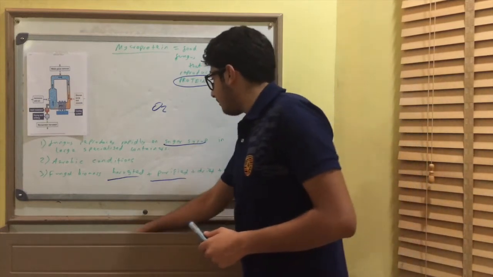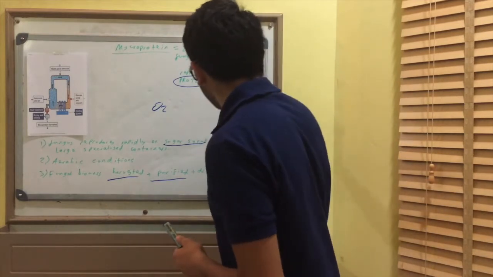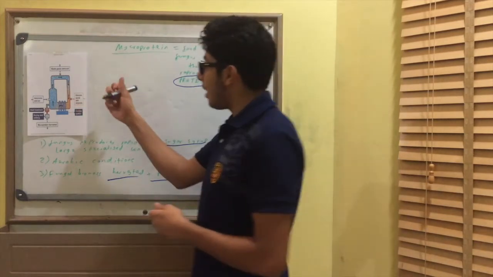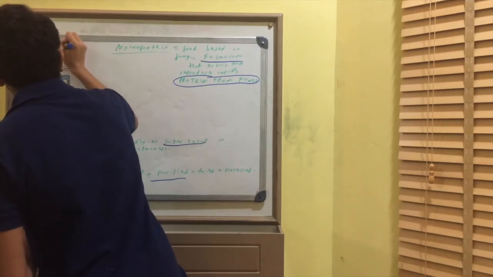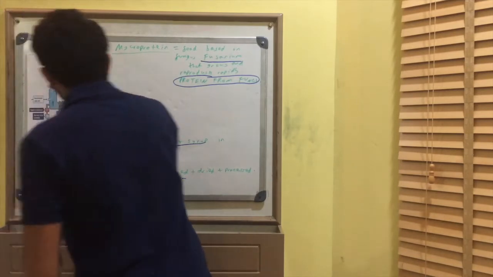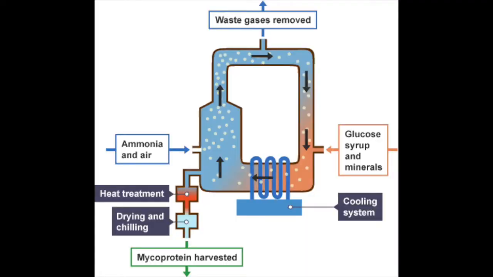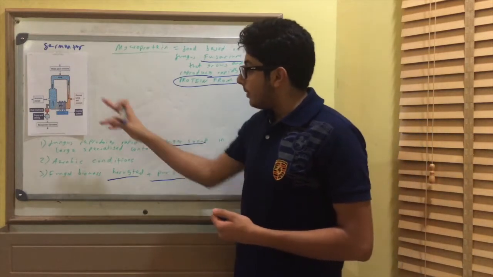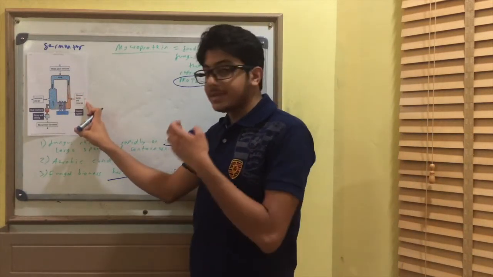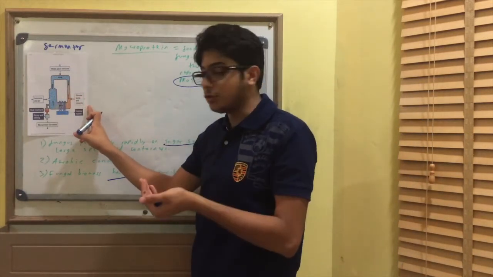So let's go through the process in detail. Here we have our fermenter. Okay, I'm going to zoom in. Okay, so here we have the glucose and syrup that's being introduced.